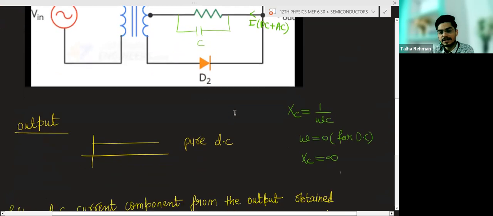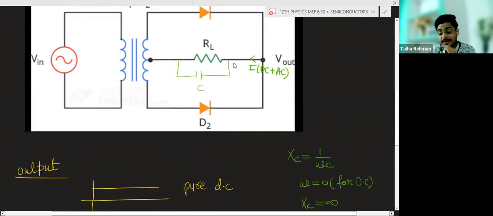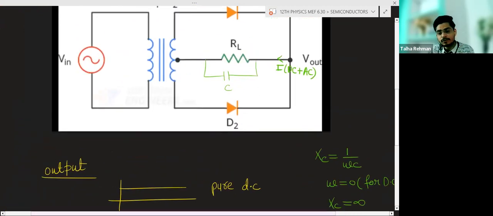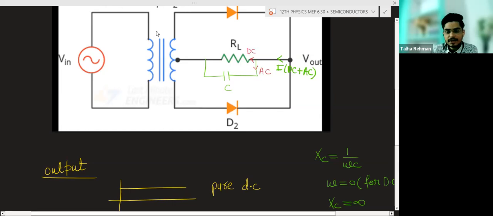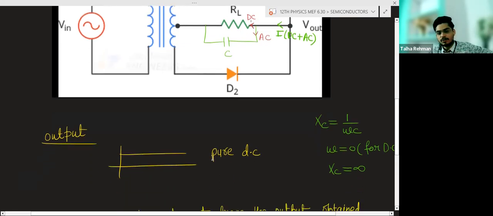DC current cannot flow in the capacitor, so only AC current will flow in the capacitor. Whole of the AC current will flow in the capacitor and the remaining DC current will flow through the load resistance, and the current flowing through the load resistance is our output. Now we are getting only DC, this type of output, pure DC.